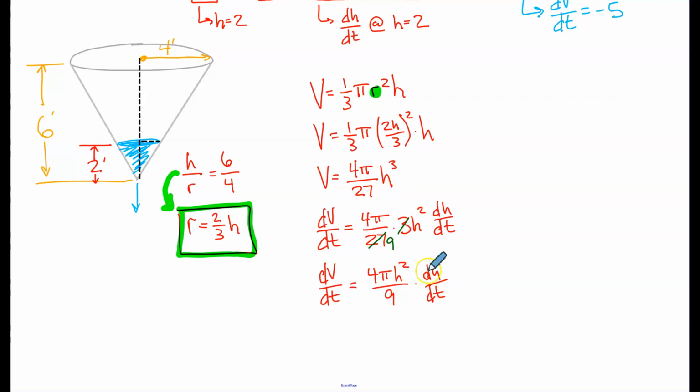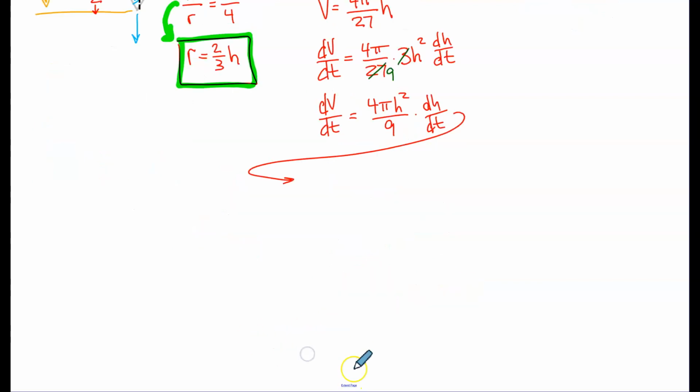Now I wrote it separately like this because dh/dt is the quantity that I would like to find. So I'm going to rewrite this equation and solve for dh/dt. dh/dt equals 9 times dV/dt divided by 4 pi h squared. So that is the rate of change of the height with respect to time in terms of the rate of change of volume with respect to time and the height at a given instant.